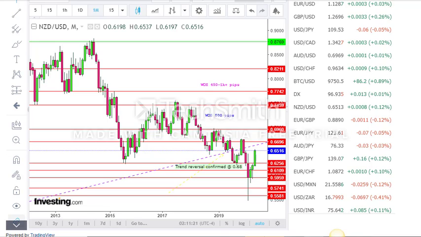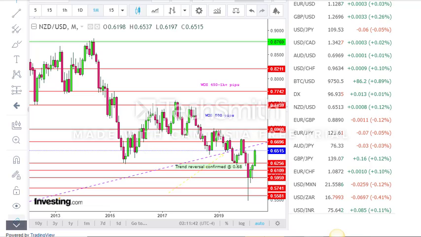And of course, you know how I do my analysis. I always do the top-down analysis starting from the monthly and then going down from there, looking for areas of opportunity, which would be areas of consolidation, and you want to look for those between the 1 to 4 hour time frame.